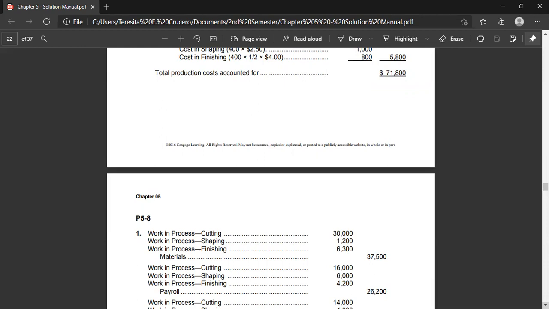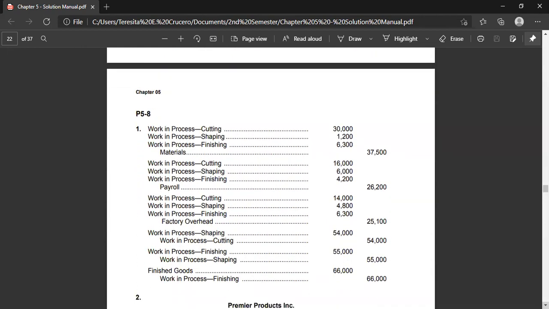Now with second, work in process cutting, shaping, and finishing, and we credit to payroll for this. And finally, we have your closing of cutting, shaping, and finishing.